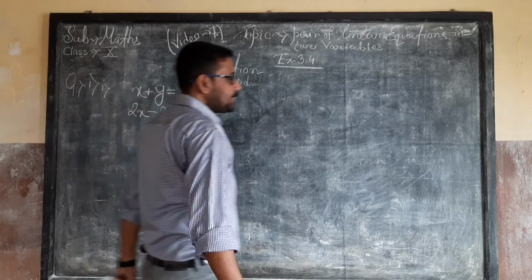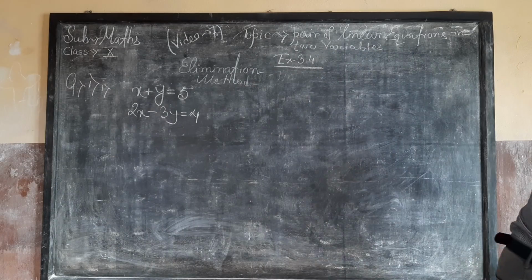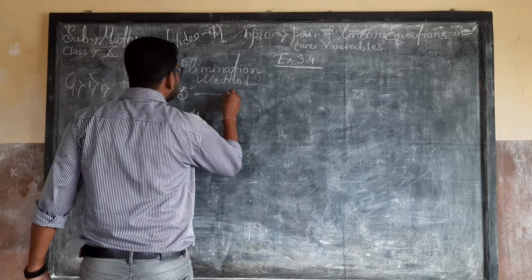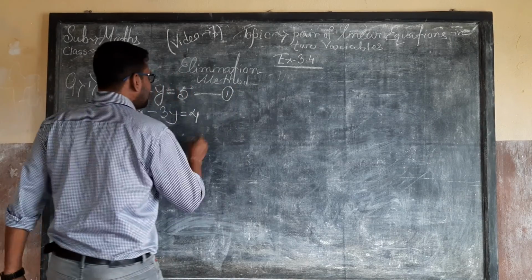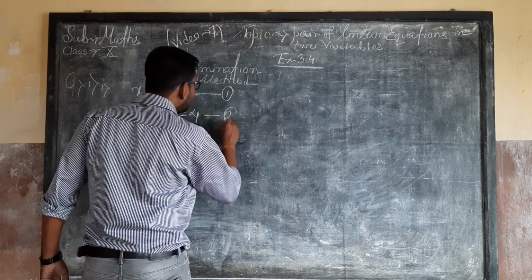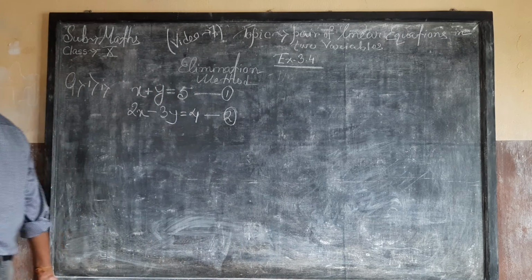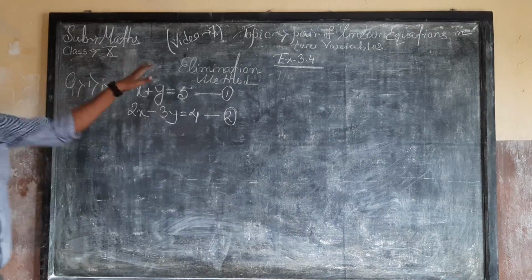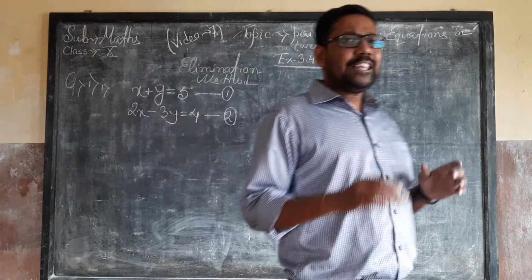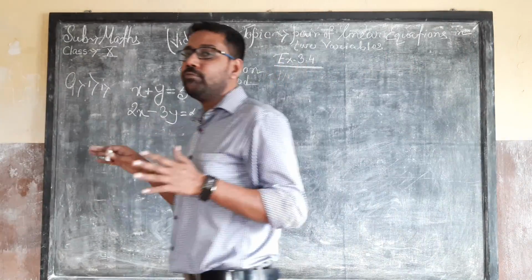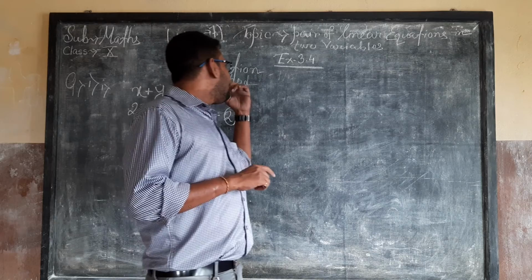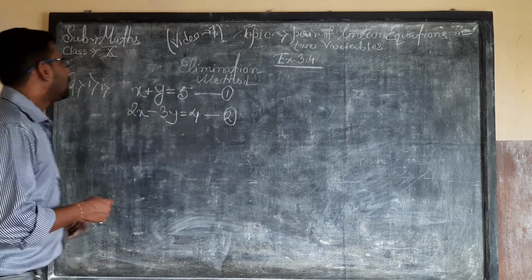Suppose this is our equation number 1 and this is our equation number 2. So how do we execute this particular method? Elimination method means removing something.